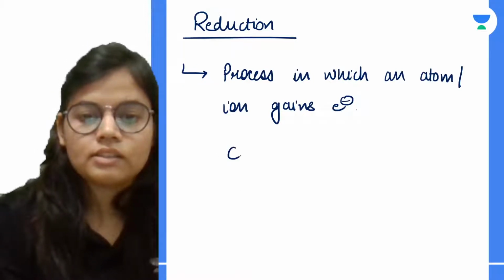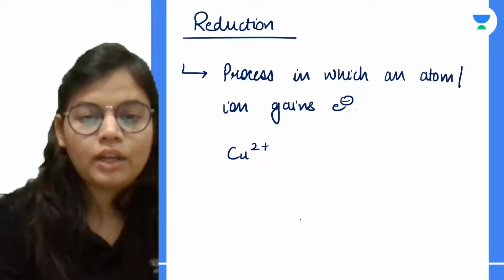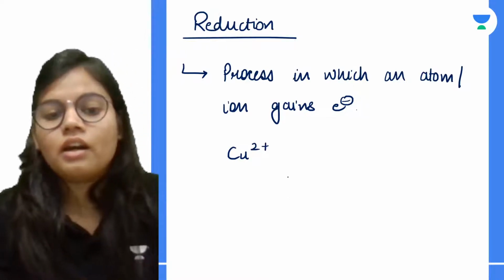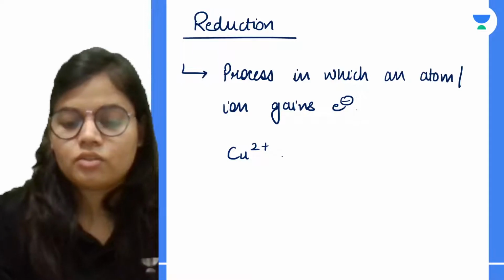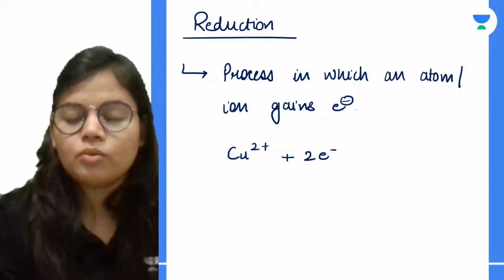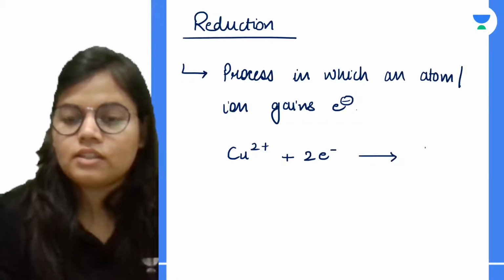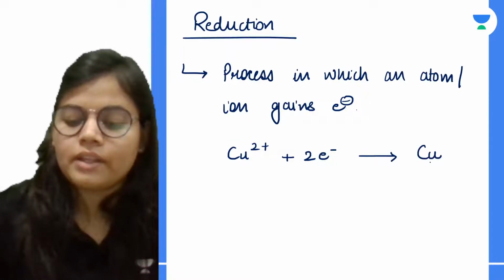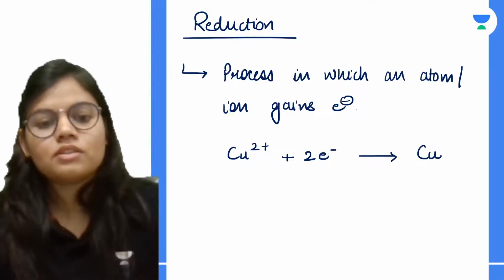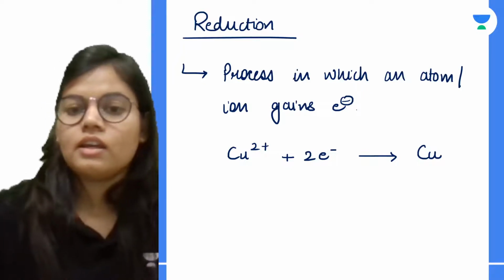How? Let us see. If we are having Cu2+, it is deprived of electrons. So when it gained 2 electrons, we can say the reduction has taken place. The very first and very common definition.